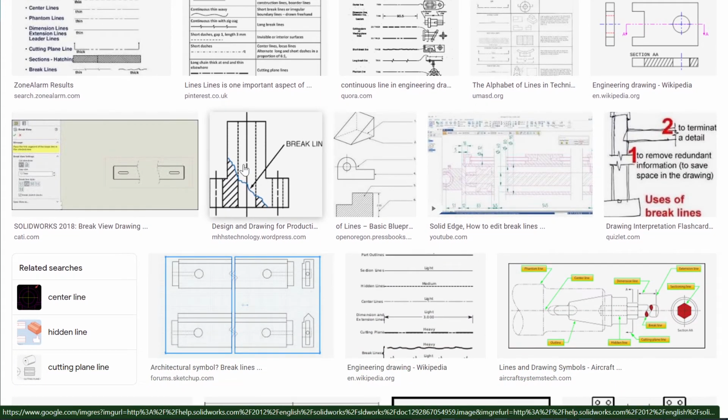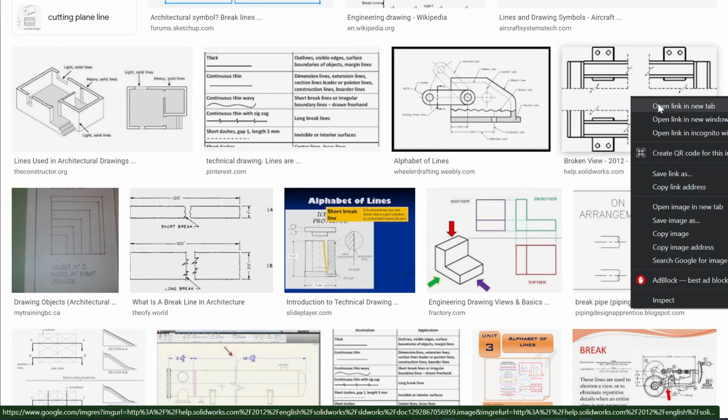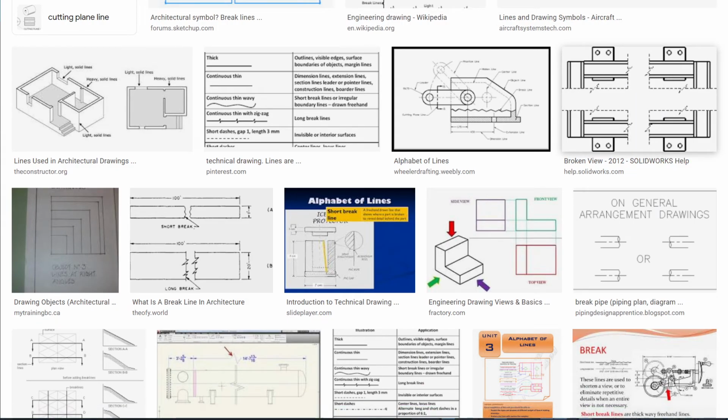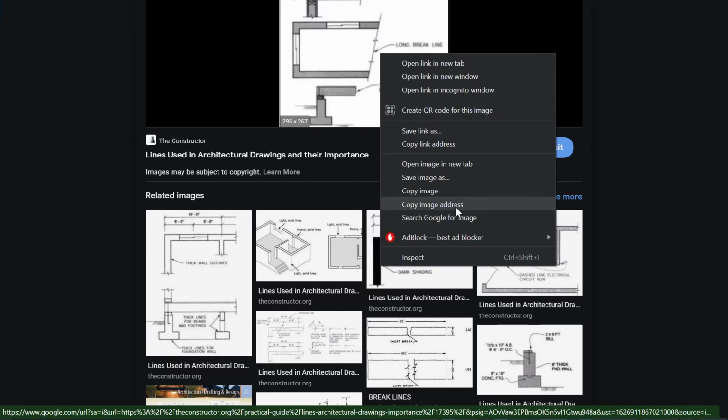If we don't want to section the whole thing, we can put a break line in the section, and we just draw that as a squiggly line. Yeah, this one's good. Okay. So, copy image address.